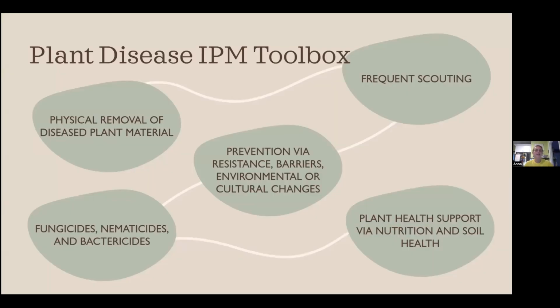I do like to think of all of these things as sort of my integrated pest management toolbox. That's IPM. My master gardeners will recognize that, where I'm not just reaching for a spray bottle every time. I'm physically removing diseased plant material, maybe clipping it out, pruning it out, pulling plants. I'm protecting my plants using resistant varieties, barriers, environmental or cultural changes.